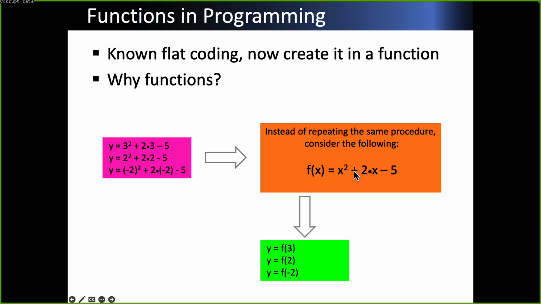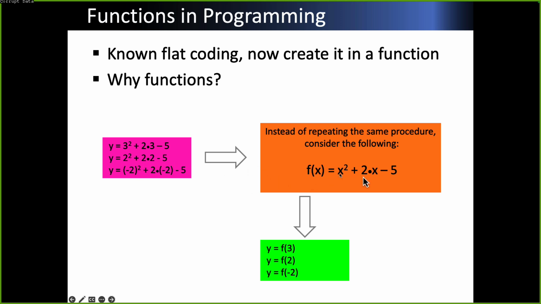f of x equals x squared plus 2 times x minus 5. So whatever x that we call, if x is given 3, then it'll be 3 squared plus 2 times 3 minus 5. If x becomes 2, then it'll be like this.